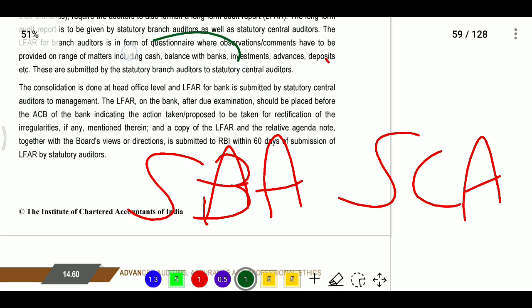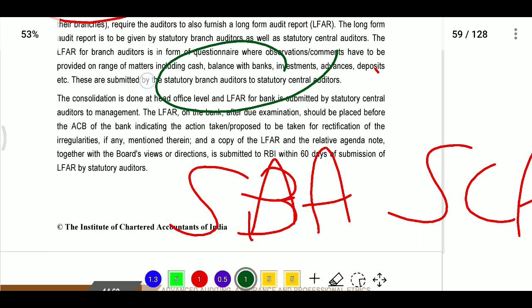The matters may include cash balance, balance with banks, investments, advances, etc. These are submitted by the statutory branch auditor to the statutory central auditor, and after that consultation is done at head office level.